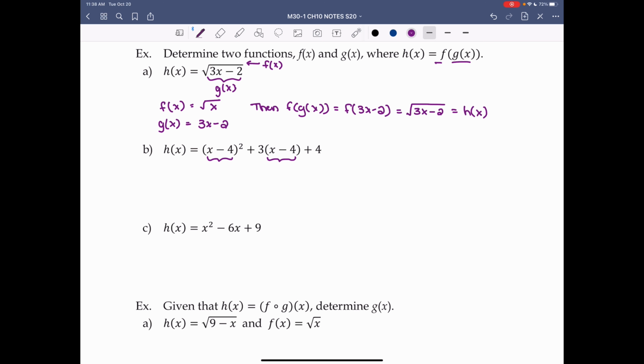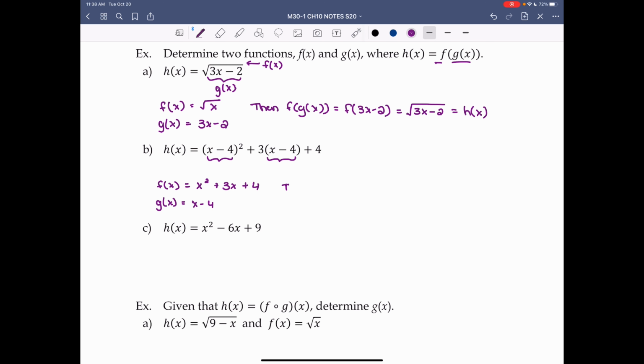So our outer function could be f(x) = x² + 3x + 4, and our inner function is what was subbed in for x in the brackets, which was x - 4. So our inner function would be x - 4.